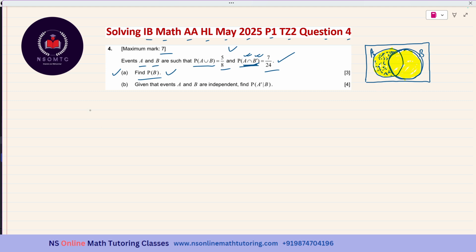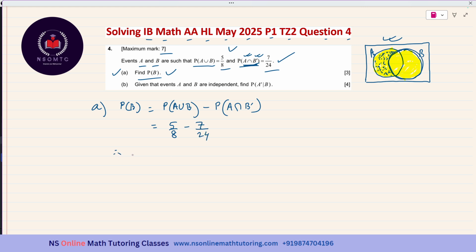Okay, so given this diagram, part a: probability of B should be equal to probability of A union B minus probability of A intersection B prime, which is equal to 5 over 8 minus 7 over 24.